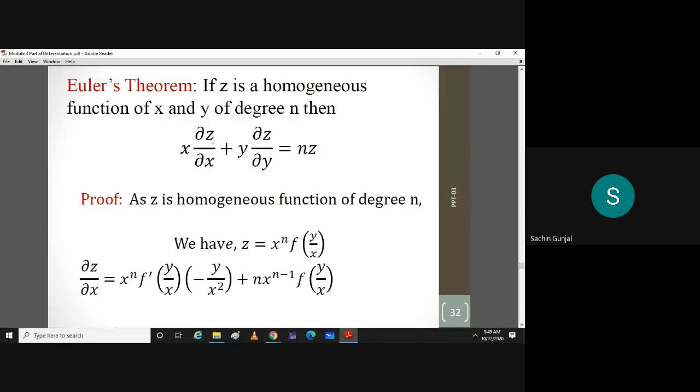We are not going to see the proof, but you can understand that without actually calculating the partial derivatives, you can get the value of this expression. The only thing you need to find is the degree of that function. You need to find n properly, then the value of this expression you can directly write as n into that function.